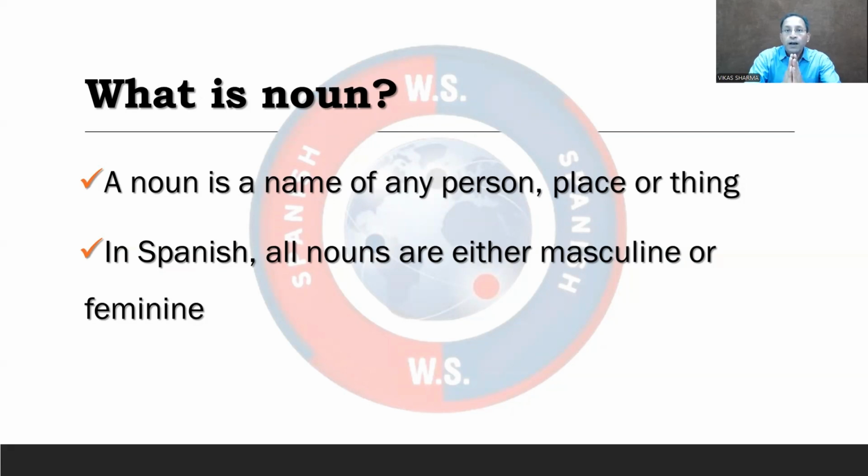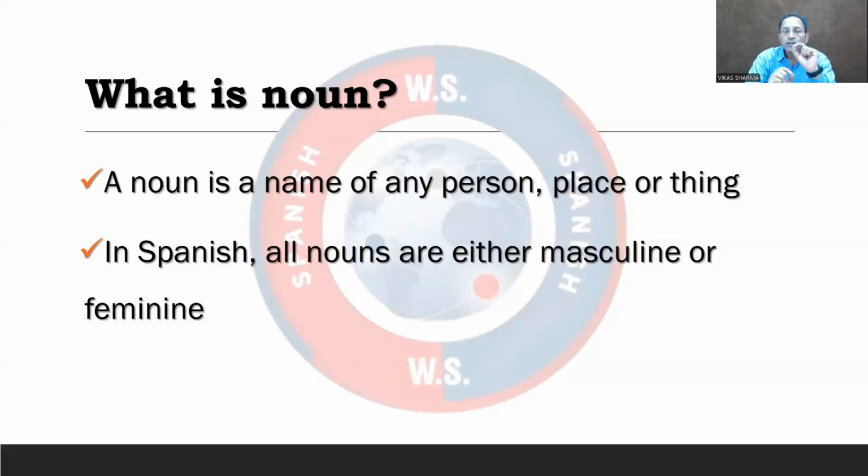But in Spanish, all nouns are either masculine or feminine. So we have to remember this in Spanish. Now, how will I come to know whether any particular noun is masculine or feminine?